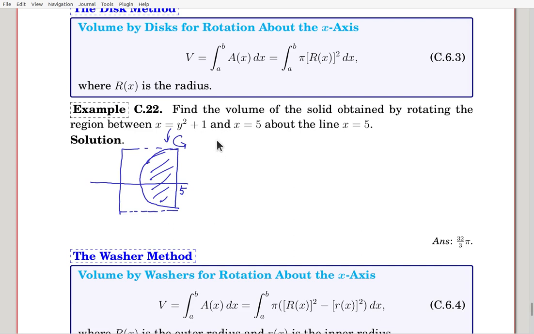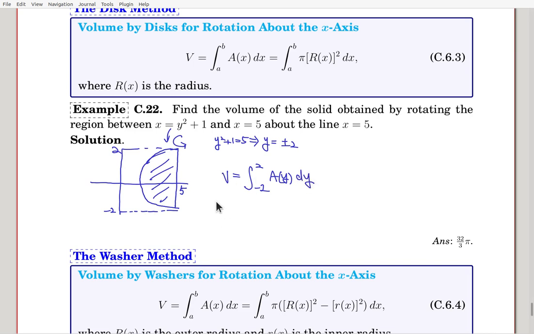Okay, x is y squared plus 1, and x is 5. From this, y is plus or minus 2. So there is minus 2 and 2. Now the volume will be the integration from minus 2 to 2 in y. For each y, you have to find the cross-sectional area, and dy.